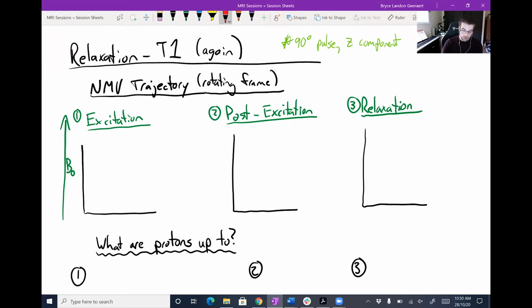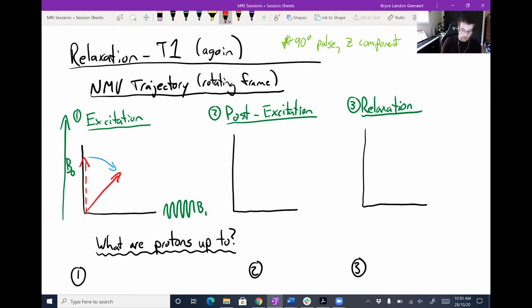During excitation, when the B1 field is being applied along this axis in the transverse plane over here, we have our net magnetization vector that started up here, and then I'm just drawing it at some arbitrary point as it's tipping downwards. All of our toy examples are considering a 90-degree pulse, and so we want this net magnetization vector to align with the B1 field at the end.